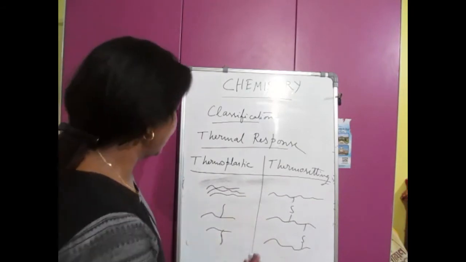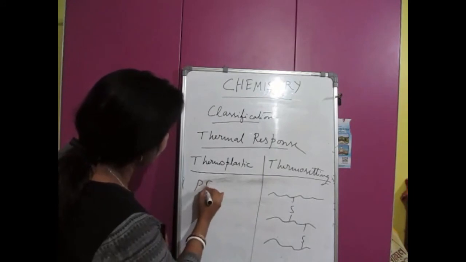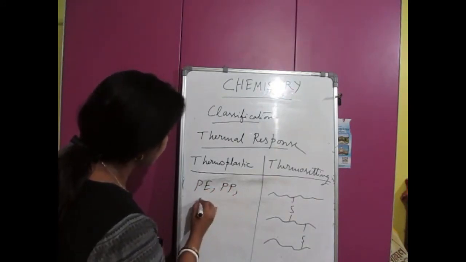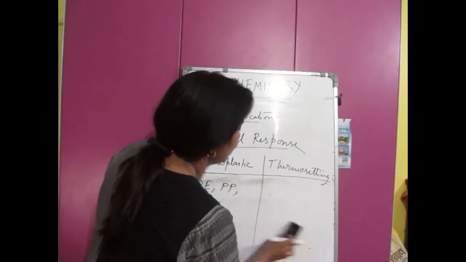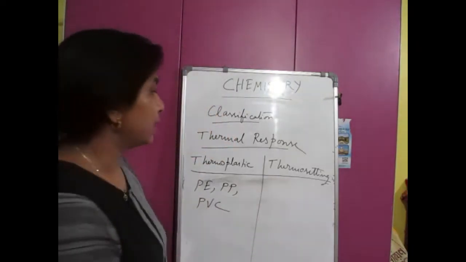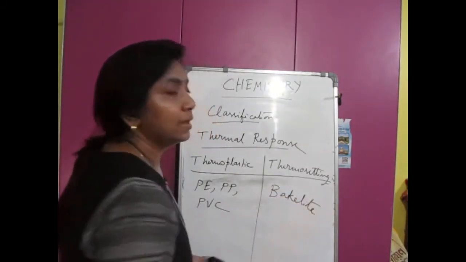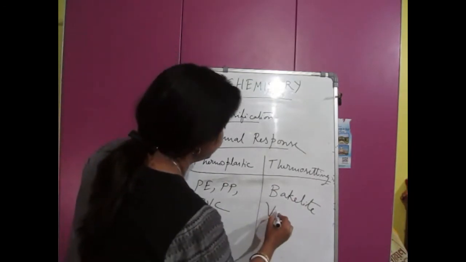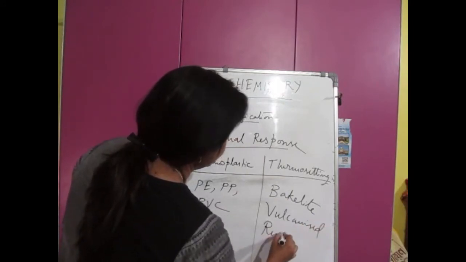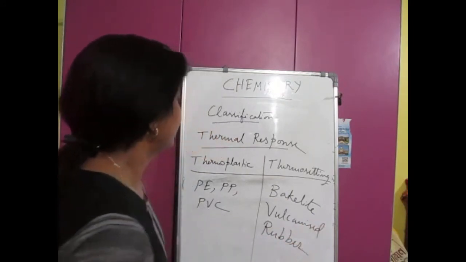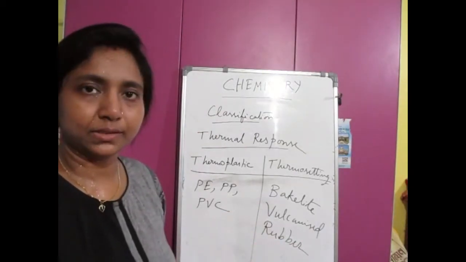The examples are polyethylene, polypropylene, polyvinyl chloride, etc. But for thermosetting polymers, the examples are bakelite, vulcanized rubber, etc. So these are the thermosetting and thermoplastic polymers.